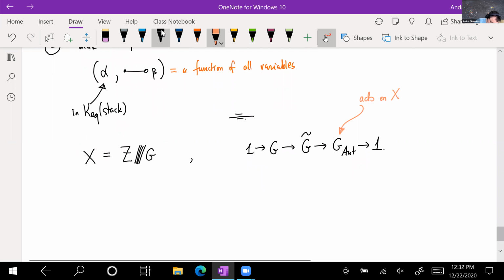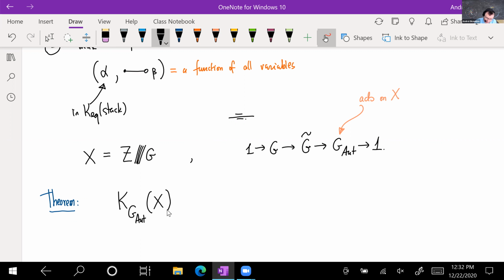And so I have the following diagram. This is really a theorem now. We have K equivariant, that means with respect to this group of automorphisms of X. And it will be a statement about meromorphic functions.